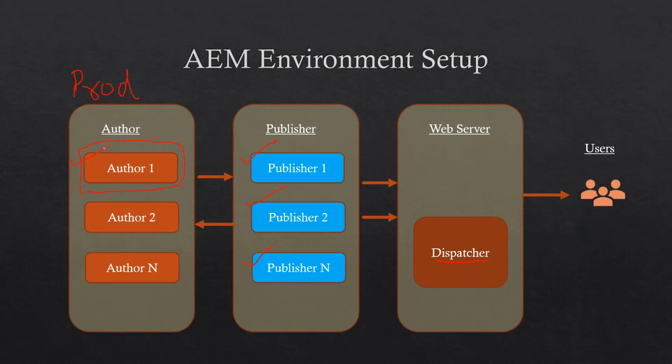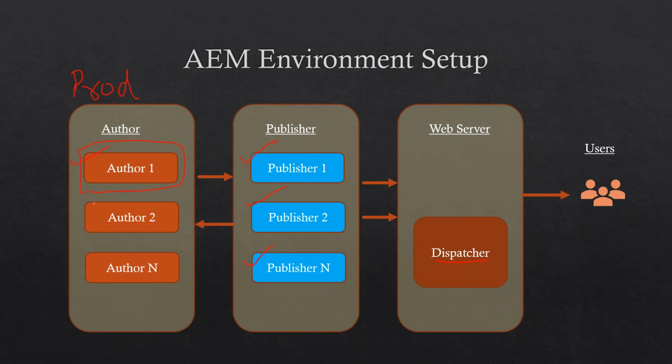So all the development team, authoring team, and marketing team would be the ones using the author instance. At a particular time, a team cannot be more than 500 or 600 members, and more than 1,000 users will not be using the author environment. So the load on the author environment is not that huge.